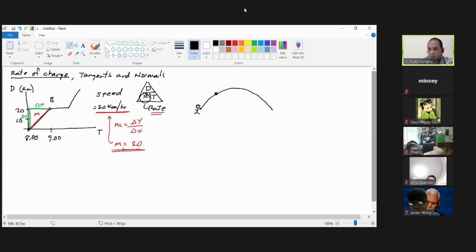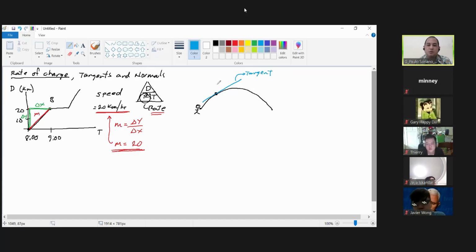So where can we find the gradient at this point? We learned about it before. Using a tangent, very good. If you draw a tangent through that particular point, this is your tangent.